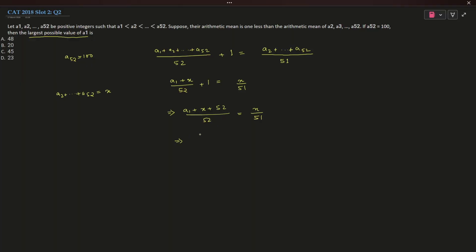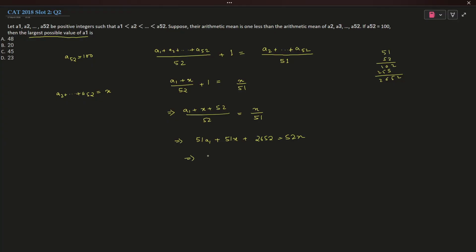From here what do I get? I will get 51 A1 plus 51 x plus 51 into 52 is equal to 52x.